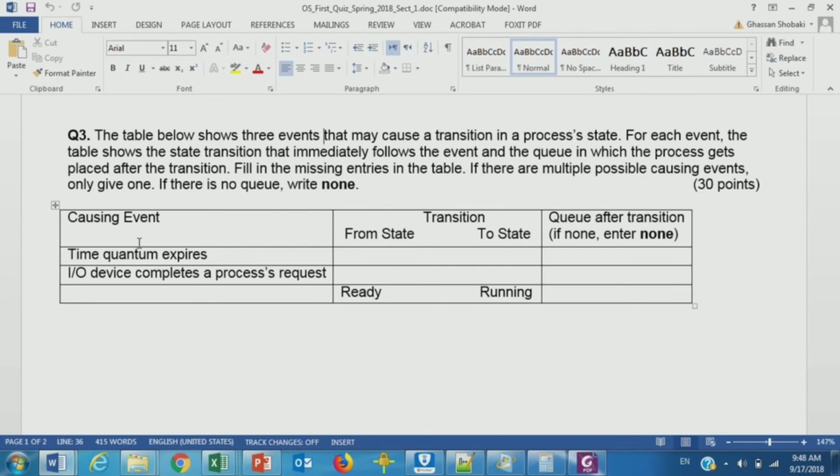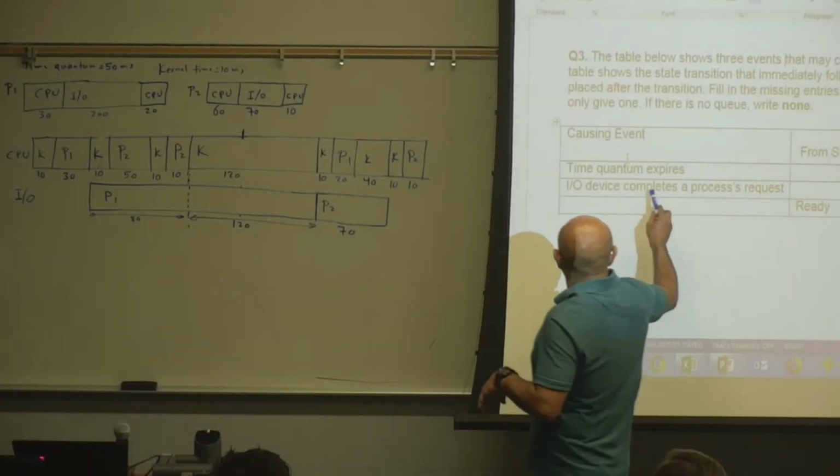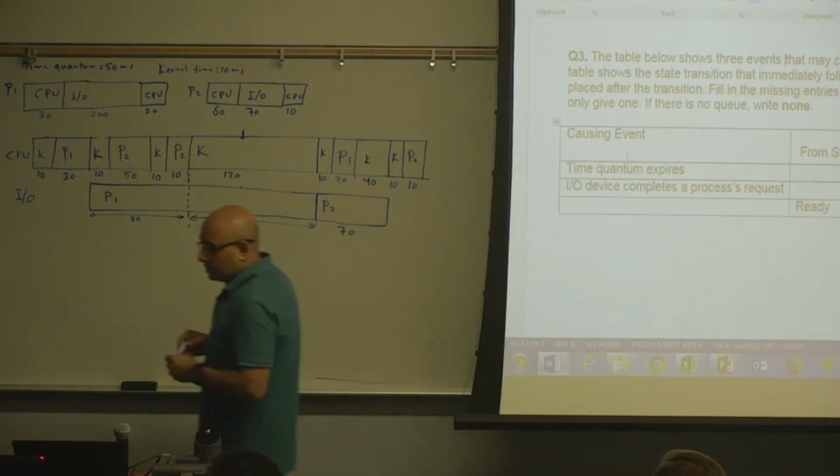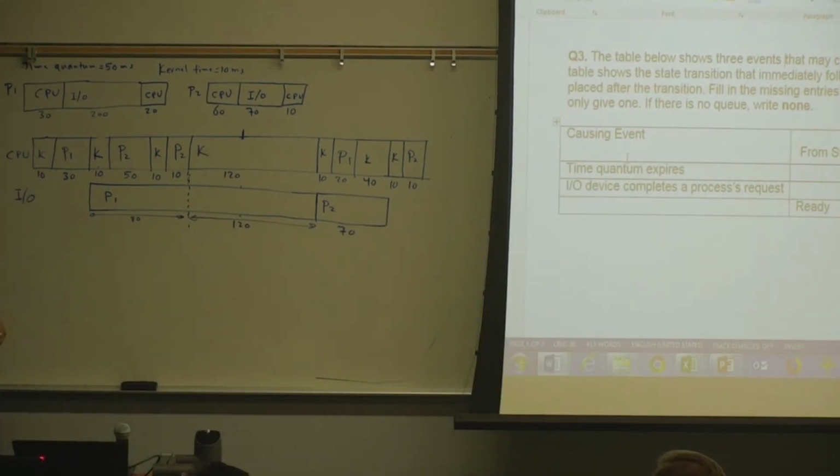So I/O device completes a process's request, so we are referring to this process, not to another process that is on the CPU. Nobody has ever interpreted this otherwise. I wrote down both ways, just in case. So in this question, there is only one process that we are referring to, the process to which the I/O request belongs. Any questions?